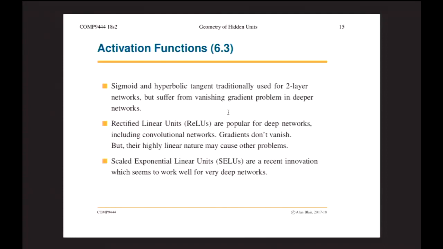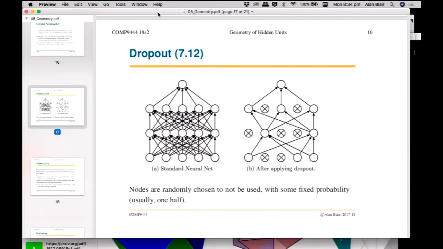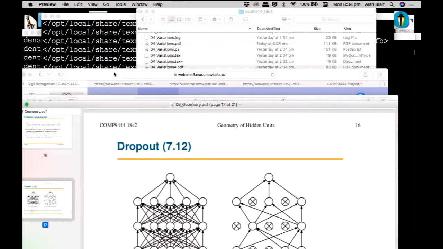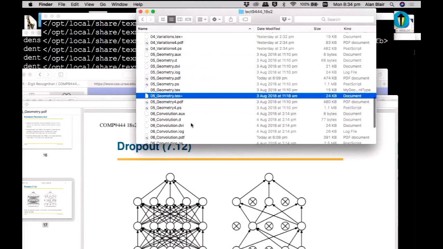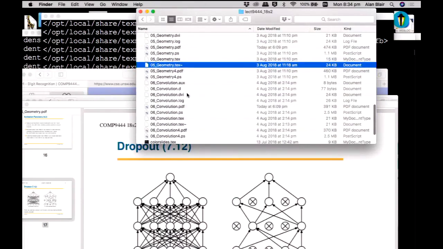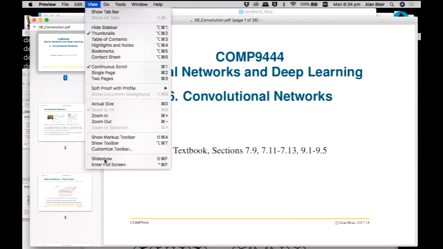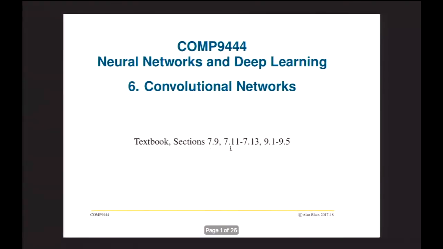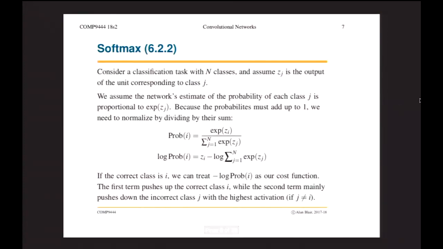I think I'll leave dropout to next week, but there's one topic that I did want to cover because it's useful for the assignment, which is softmax. So I'm just going to jump ahead to this slide from next week. It's a little bit out of order.